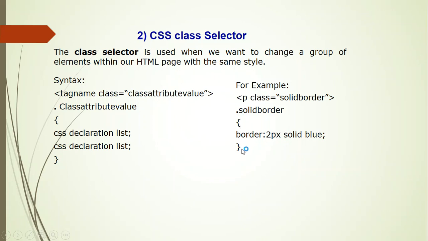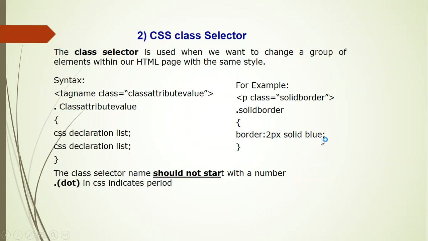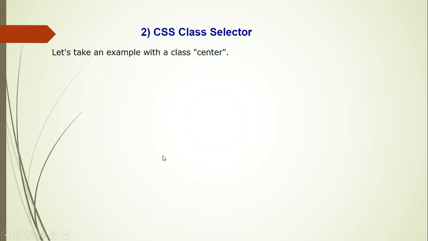And in the curly brackets, I've written some CSS property. I've mentioned here the class selector name should not start with a number. Dot in CSS indicates a period. I'll show you an example here.